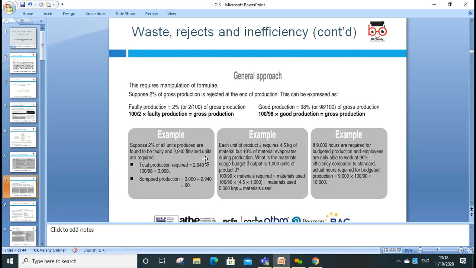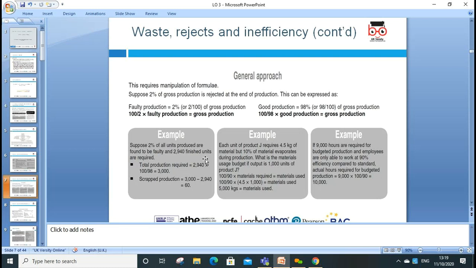So times by 100 divided by 98, because this 2940 is the 98%, and I need to make it 100%. So I should produce 3000 units to meet my demand of 2940, because 2% will be waste. 2% waste means 60 units will go to waste.